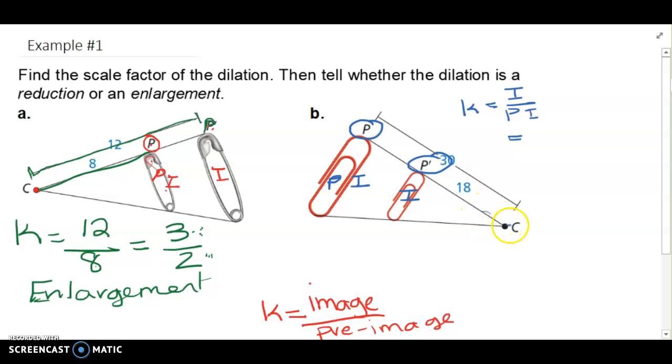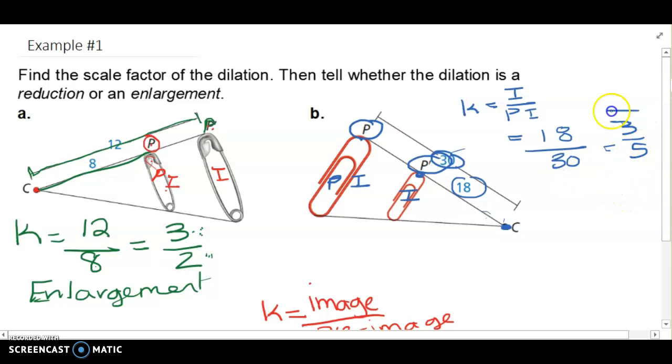My image, from here to here, is 18, and my pre-image, from here to here, is 30. So 18 over 30, if I reduce that, is 3/5. So my scale factor is 3/5. I can see it's getting smaller, or I can just look at the scale factor and say that's less than 1, and so we know this is a reduction.